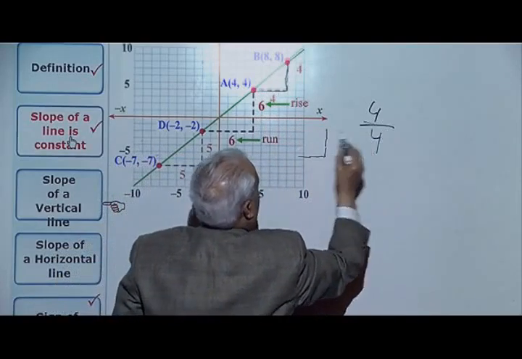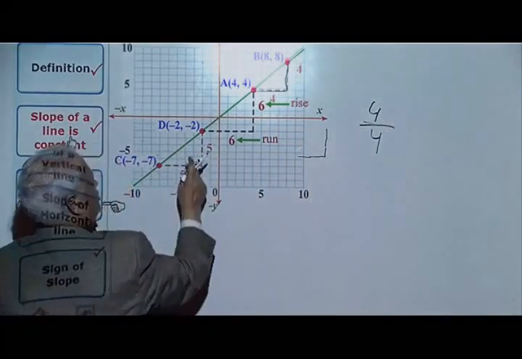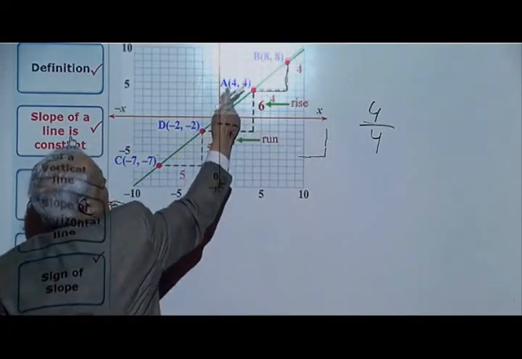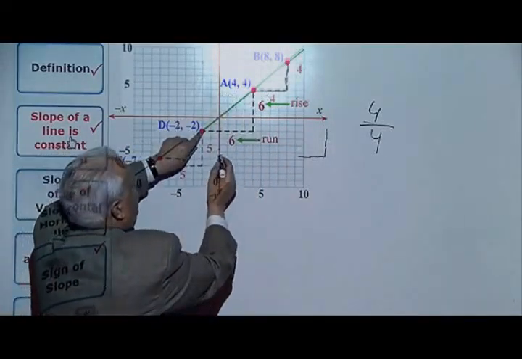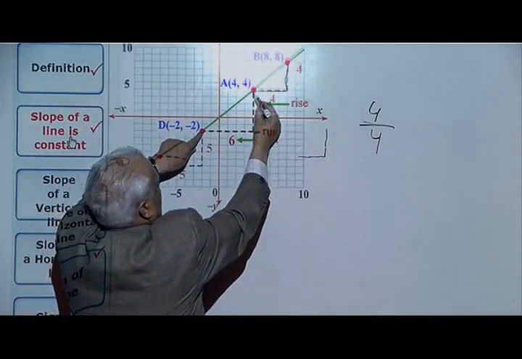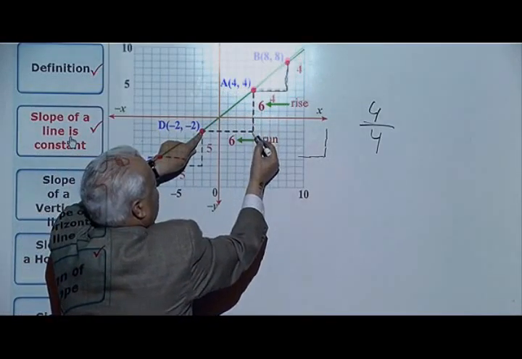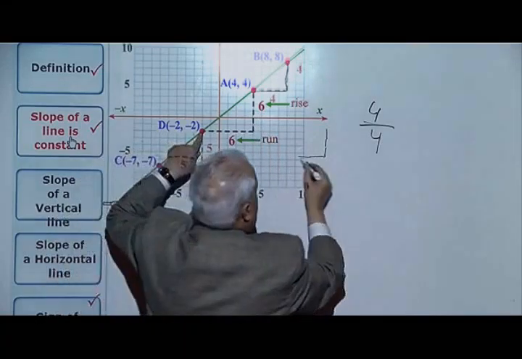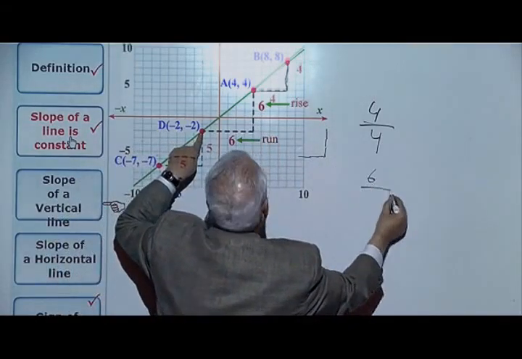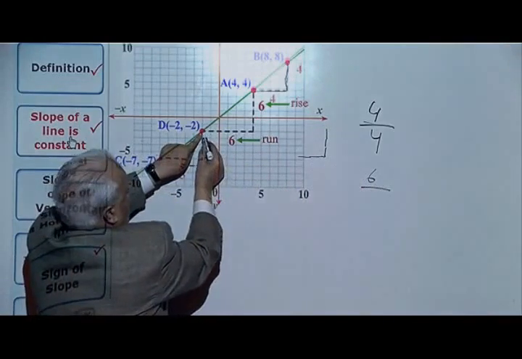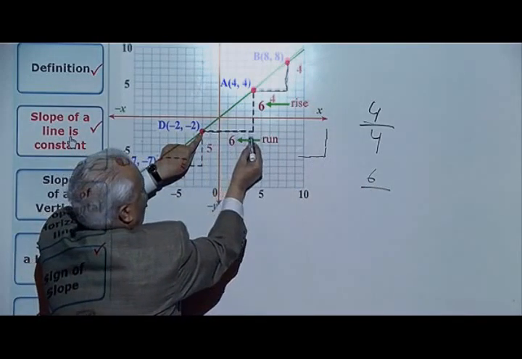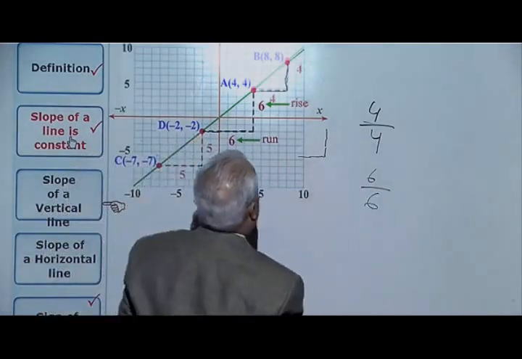Or you take these 2 points, A and D. Between A and D, rise is 1, 2, 3, 4, 5, and 6, which is 6, and run is 1, 2, 3, 4, 5, 6, which is also 6.